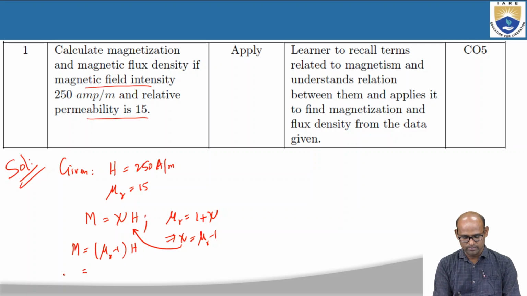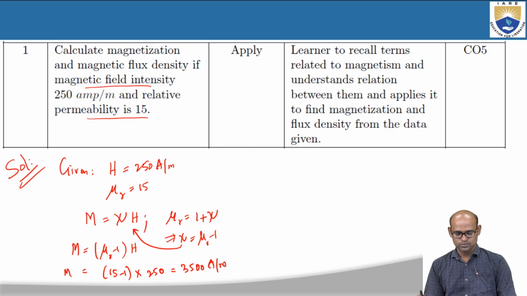M is equal to mu r is 15, 15 minus 1, into H, which is given as 250. So the answer is 3500 amperes per meter. This is the magnetization we have calculated.